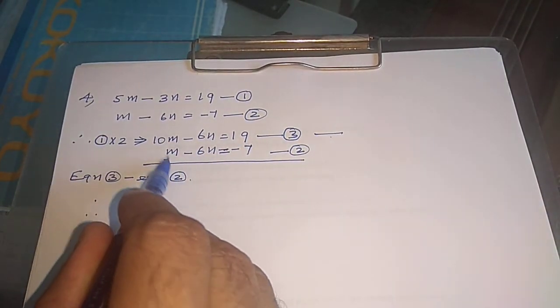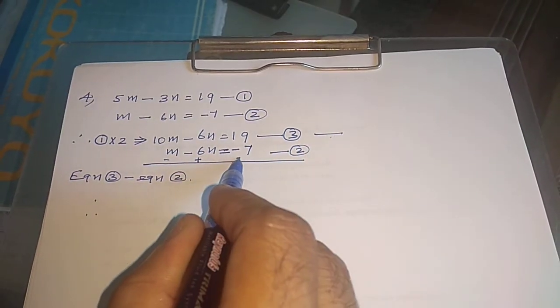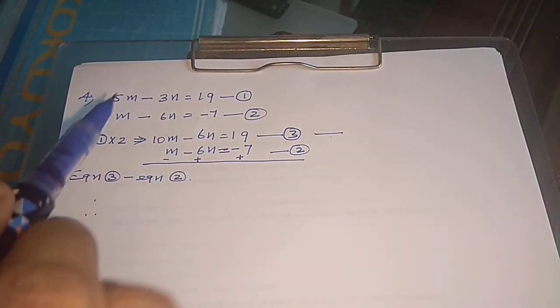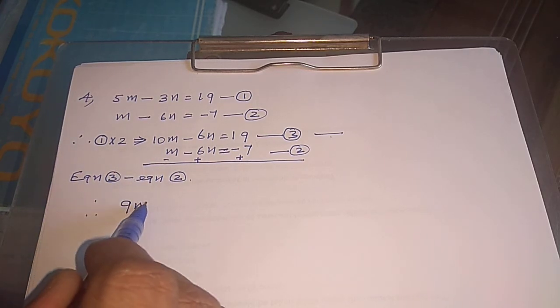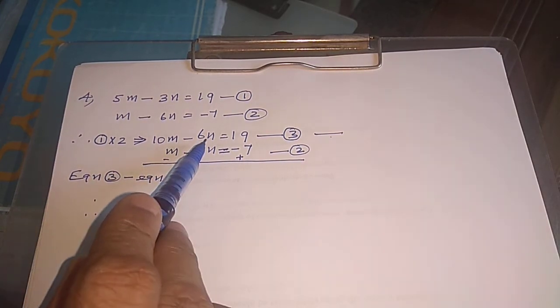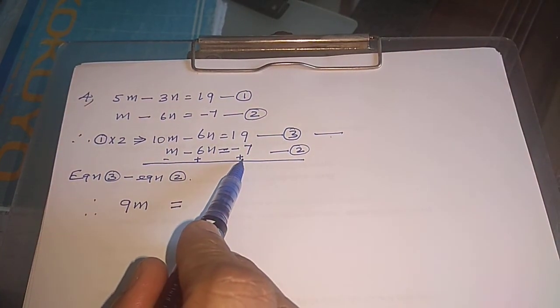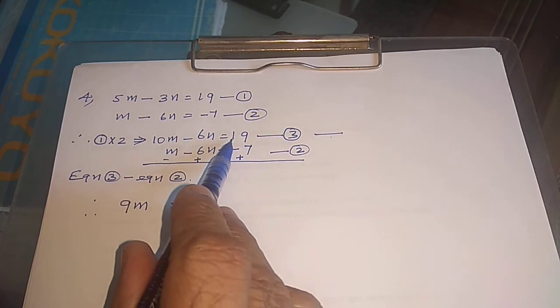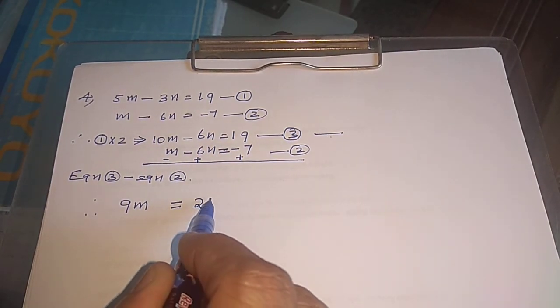Minus into minus is plus. Then we add 10m minus 1m, 9m. Plus 6n minus 6n becomes 0n. 7 plus 9, 19 plus 7, that is 26.